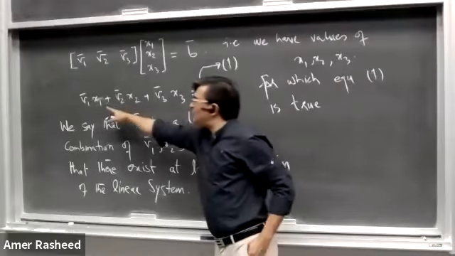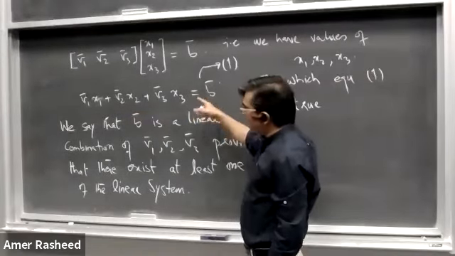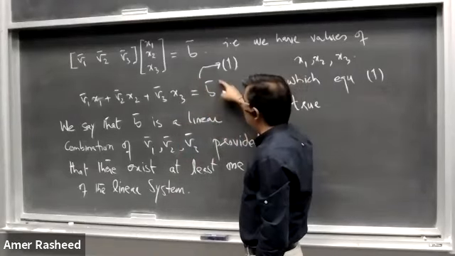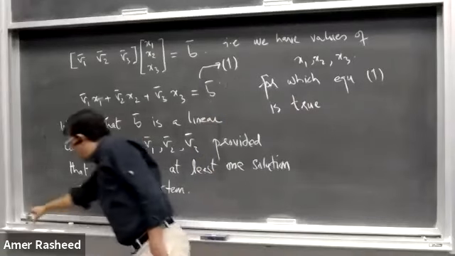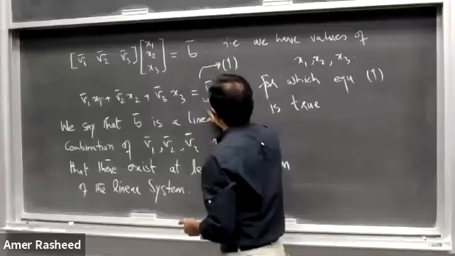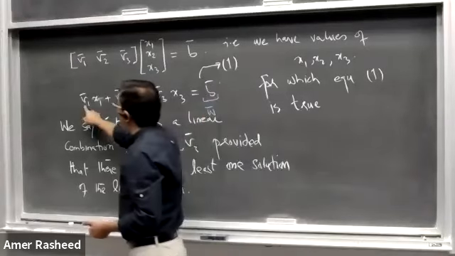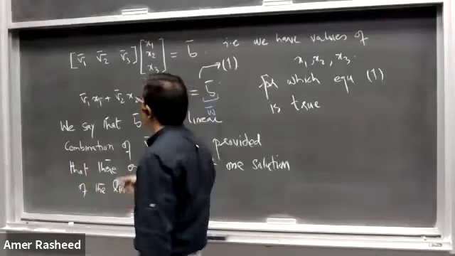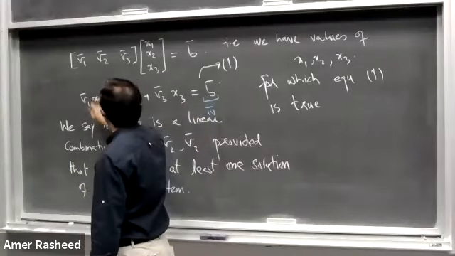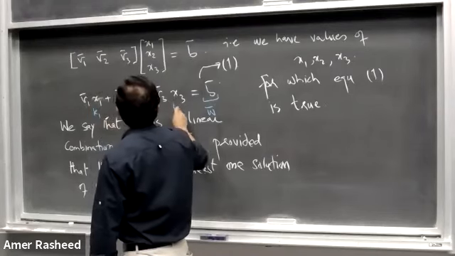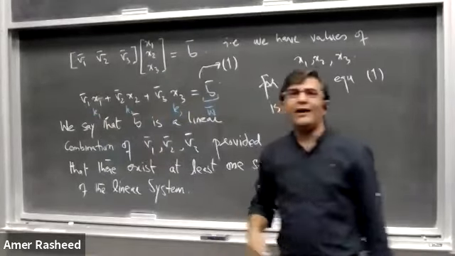If we compare these two equations, this is your W, which I have written in the definition. And V1, V2, V3 are the same as V1, V2, V3. And instead of X1, I have written K1, K2, and K3.